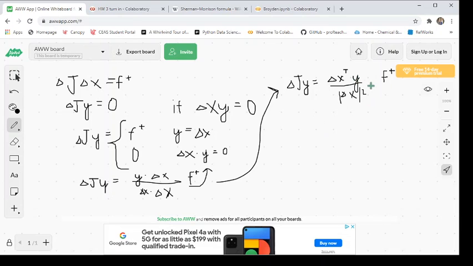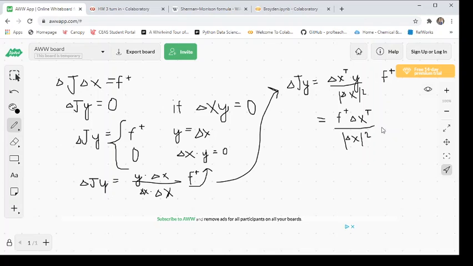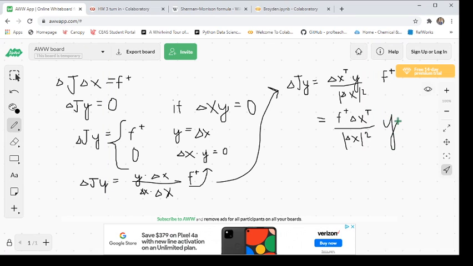And then if we bring this y out and our f plus over here, it equates to y.